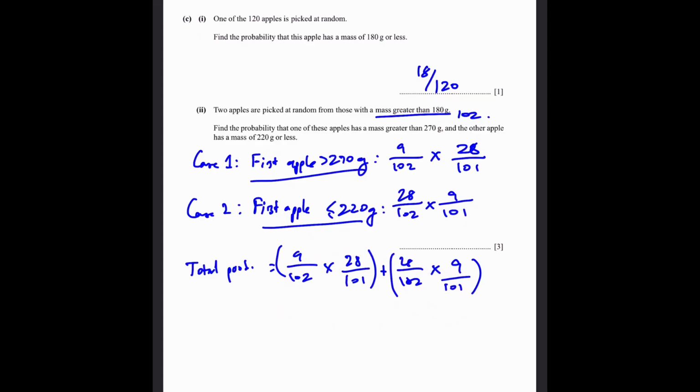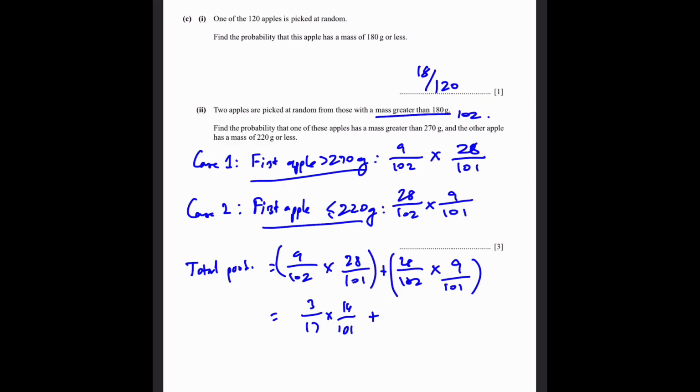So we have 28 by 102 and we can divide these by 2, so we get 14 by 51. And now this 9 by 51 here is divisible by 3, so you can cancel that as well. So 3 and 17. So we get 3 by 17 times 14 by 101.